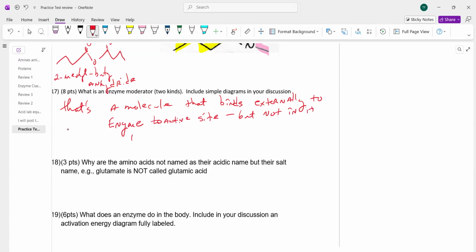Okay. One inhibits, the other activates the active site.